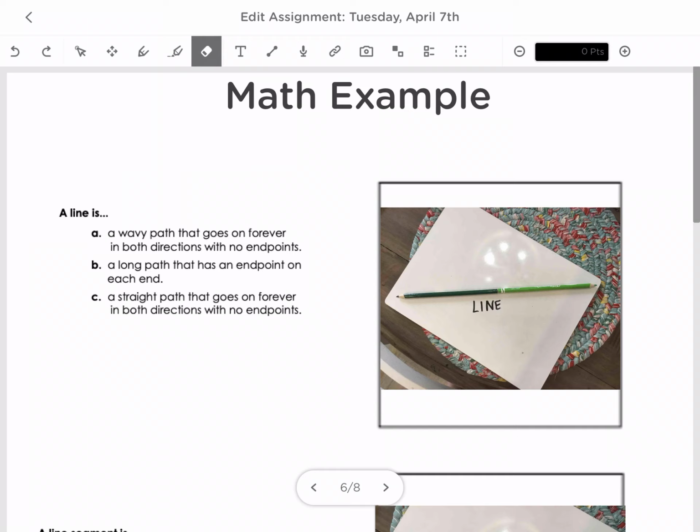I want it to be a picture. I don't want you to just draw it, because I've already given you those drawings of what they look like on that slideshow. So try to be creative and make those things. I made it so that it was like our example. When you look at my first example of a line, I took 2 of my colored pencils and put them together because they kind of look like an arrow on the end, signifying that they go on and on forever.